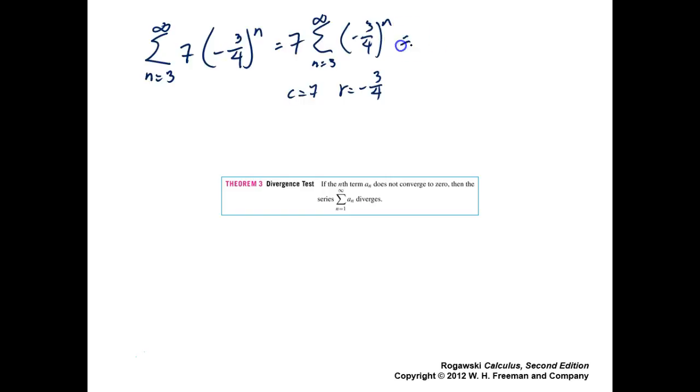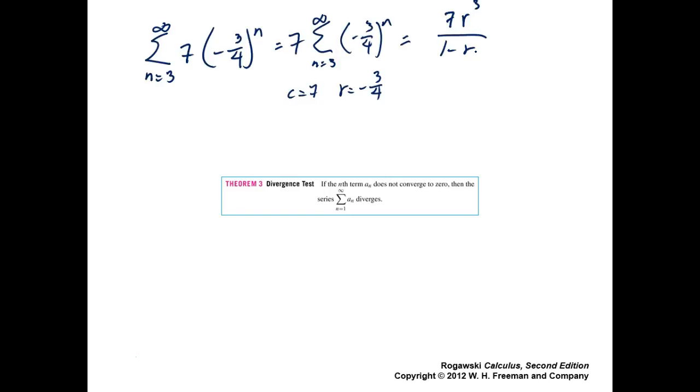According to our formula in Theorem 2, that summation is going to be 7 times r to the third power, because that's the m we're starting with, over 1 minus r.